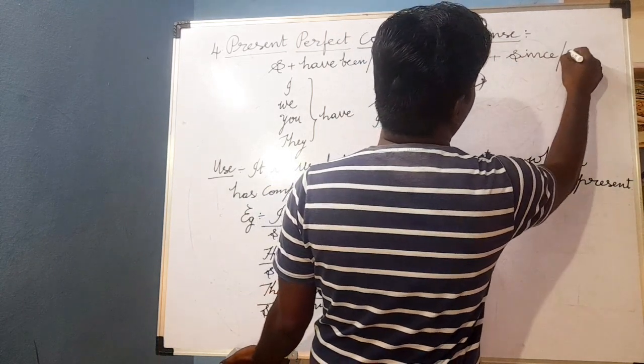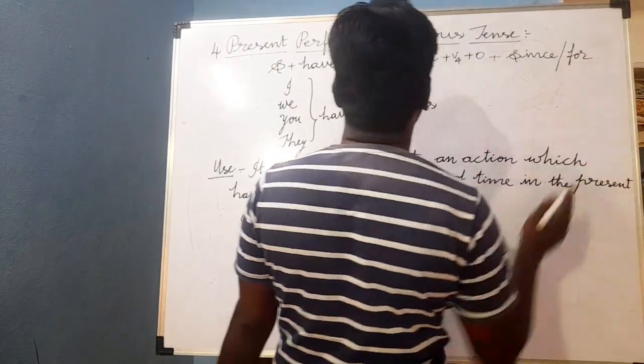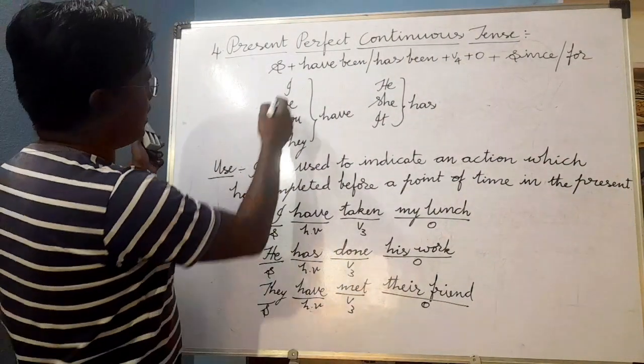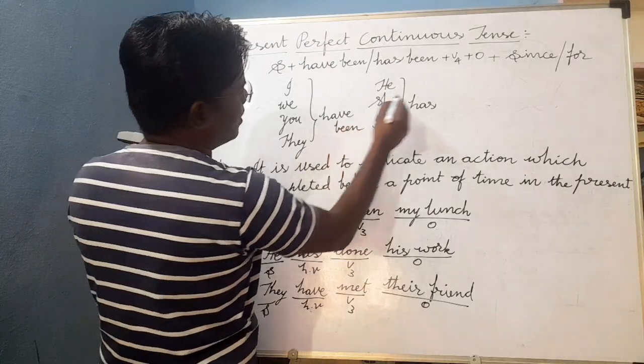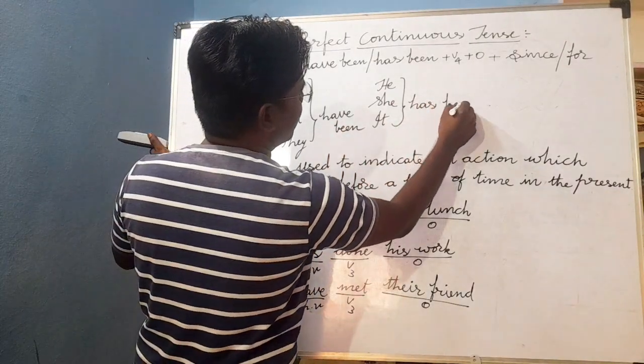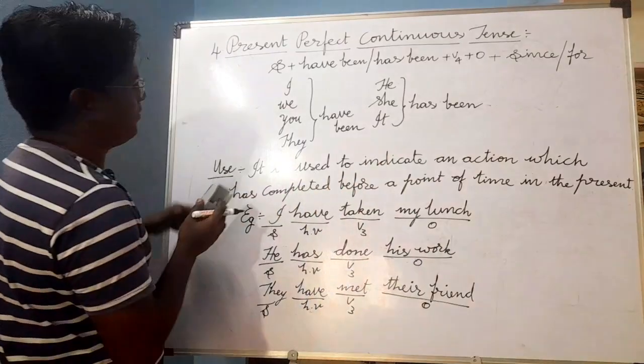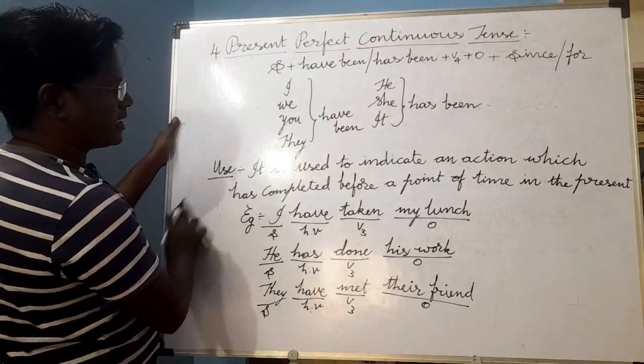Here I, we, you, they are followed by have been, and he, she are followed by has been.